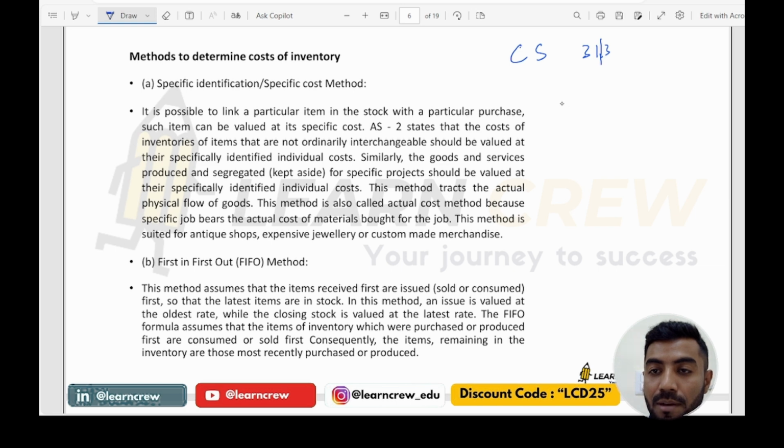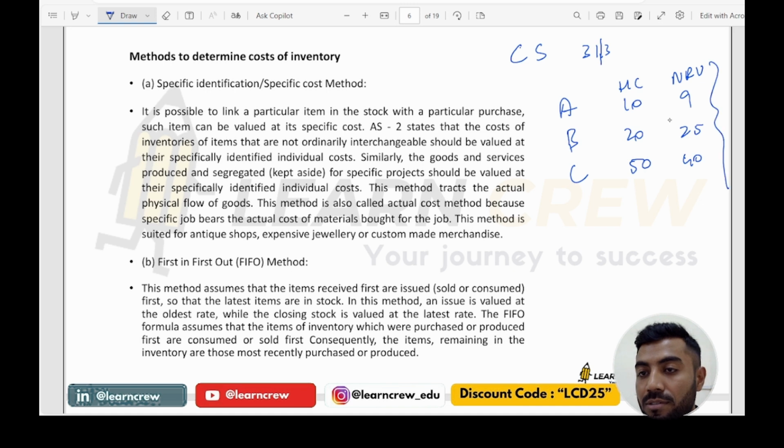Say for example, you have stock of A, B, and C, and the historical cost of the stock is say 10, 20, and 50. And the net realizable value is say 9, 25, and 40.